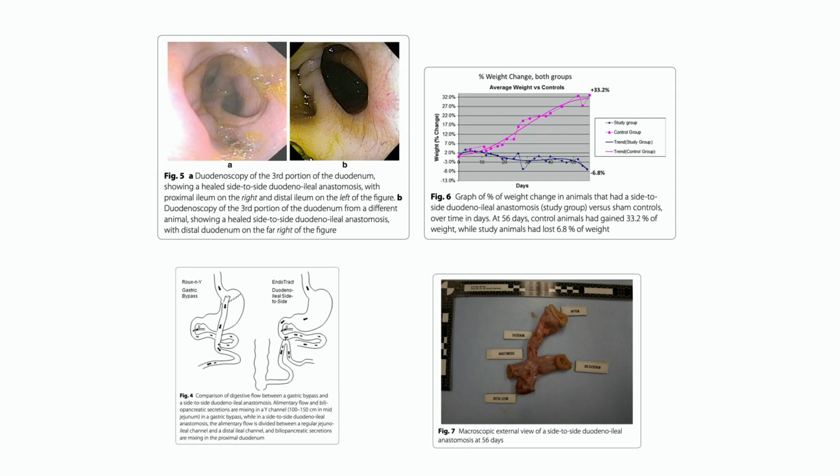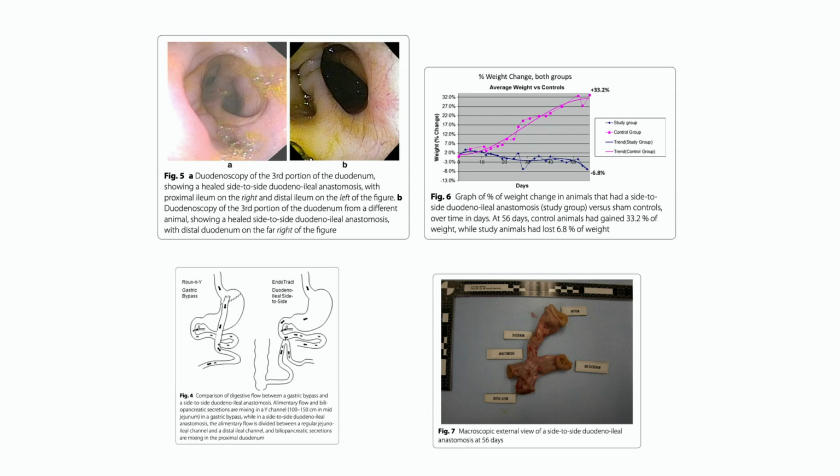So we did a post-ampullary anastomosis between the duodenum and the ileum. These are excised specimens. You can see here the pylorus, the duodenum, and the ileum anastomosed side to side with compression anastomosis. And this is the endoscopy picture of the anastomosis without any sutures or any staples.